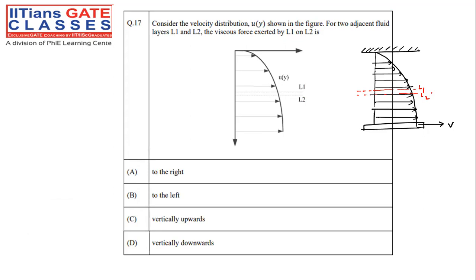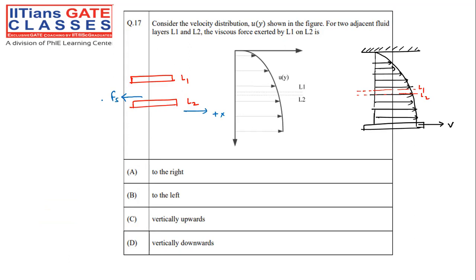For the two adjacent fluid layers L1 and L2, what will be the direction of the viscous force exerted by L1 onto L2? See, L2 will be trying to move in the positive X direction. So what will be the opposite force exerted by L1 onto the L2 fluid? It will be in this direction.